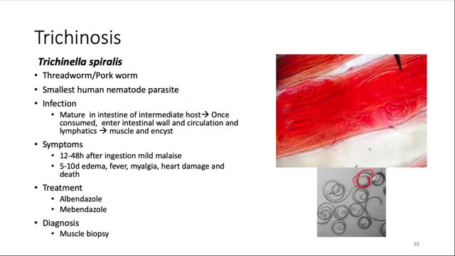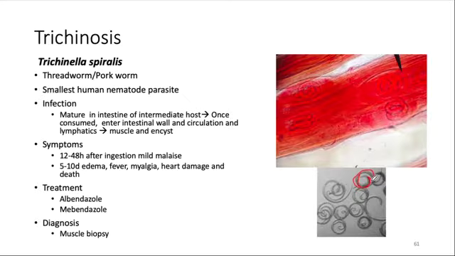Pork or swine is one of the common hosts where you find the worms in the muscles. When undercooked or raw meat is eaten, they're easily transmitted to another organism, in this case humans.